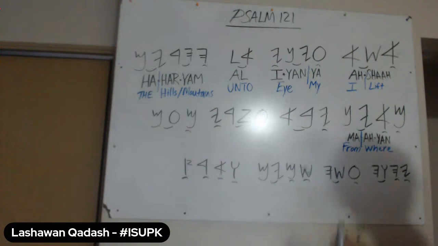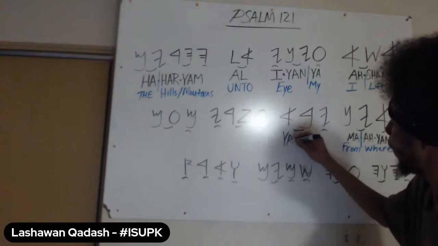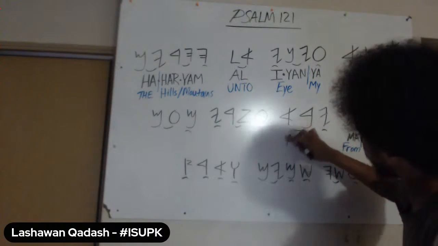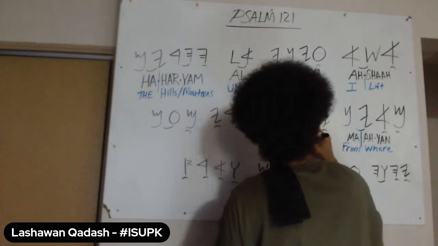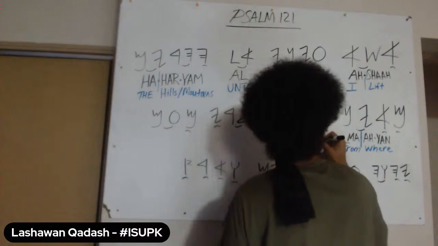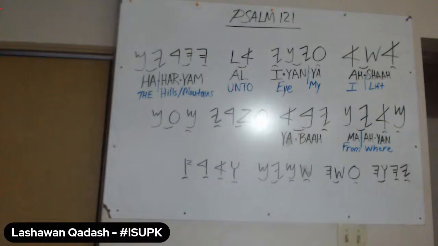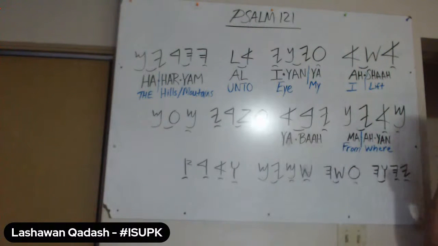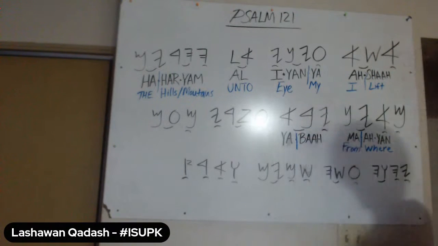Okay. Now this one, next word. You have the ya by itself. You got the ba and the a connected. The word is yaba'a. The ya is by itself. The ba and the a is connected. Yaba'a. Okay. Let's break it down. Split it.